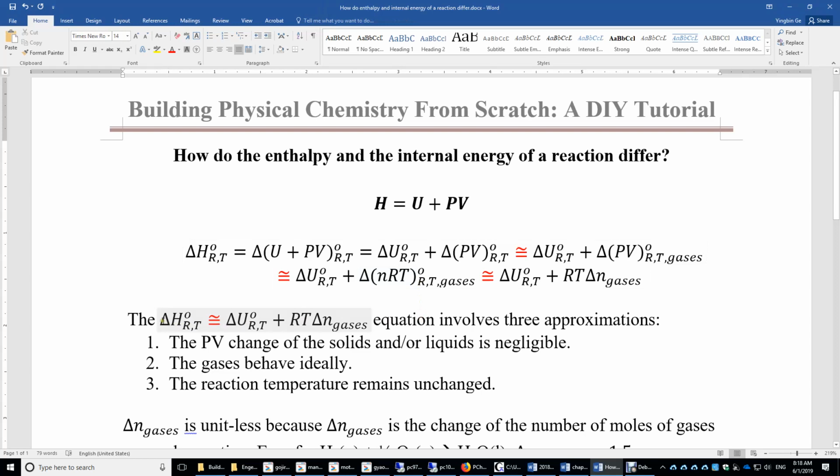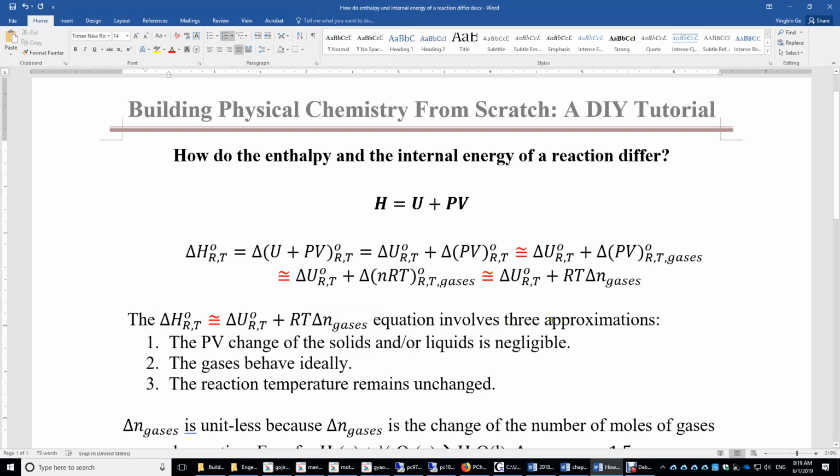So again, we can use this equation to estimate the difference between the standard enthalpy of the reaction and the standard internal energy of the reaction. Again, the difference is simply just R times the reaction temperature times the change of the number of the moles of gases per mole reaction.